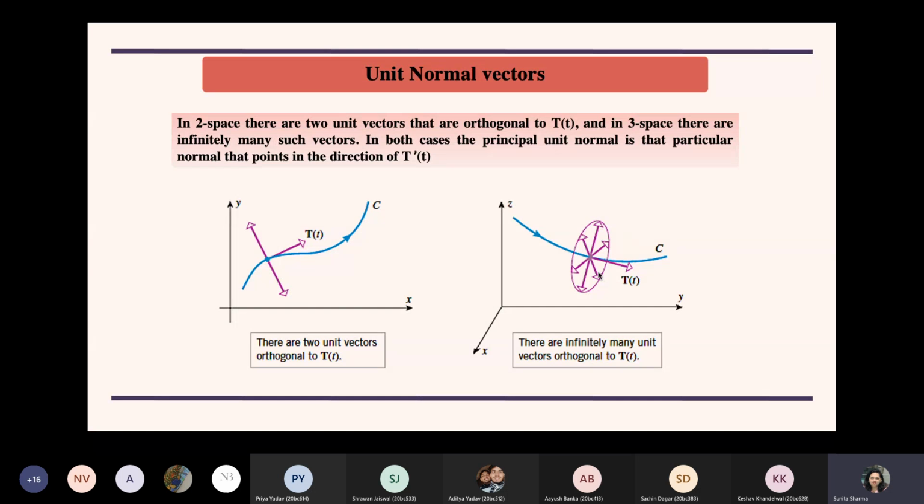Wherever T dash is directed, that will be the same direction for the normal. You won't have to do anything about the direction part, because you just have to solve the questions algebraically, so the direction will automatically follow. If you are given a specific t, you can find T dash(t), and that will be the direction of the normal vector.